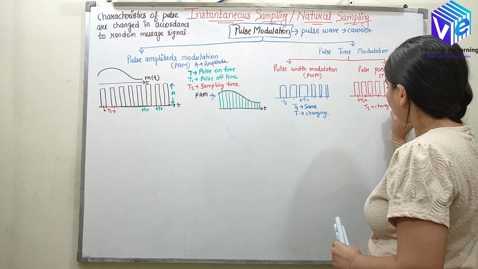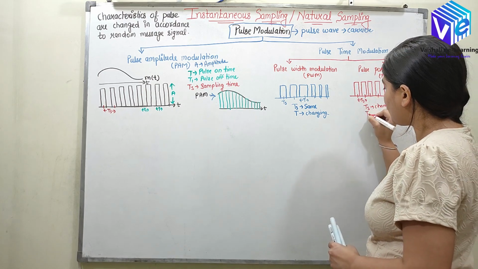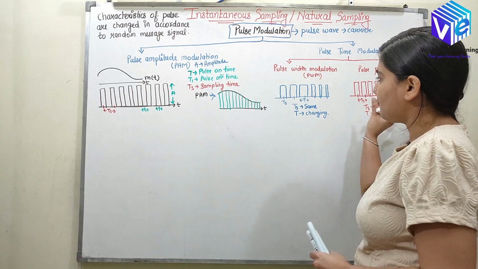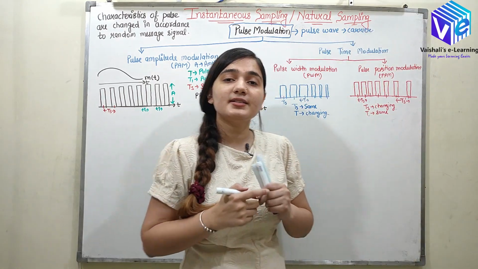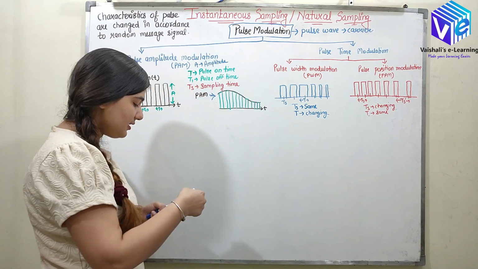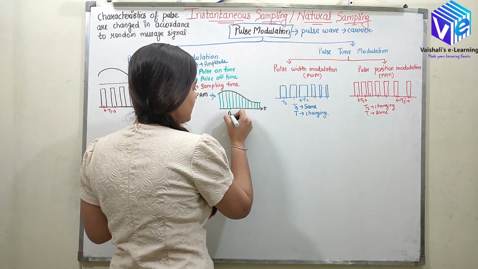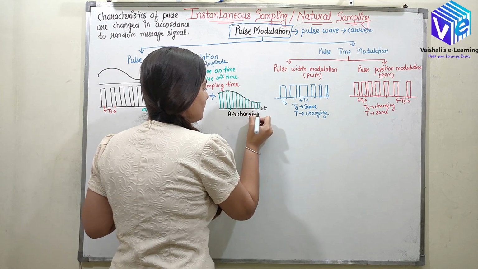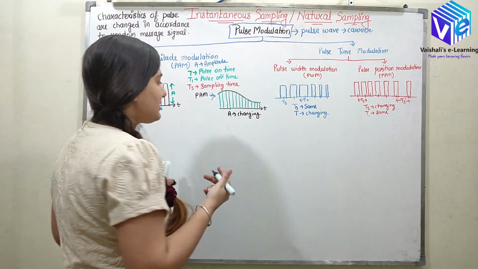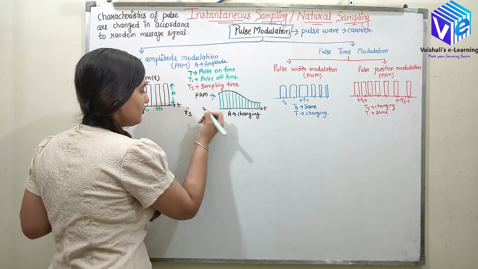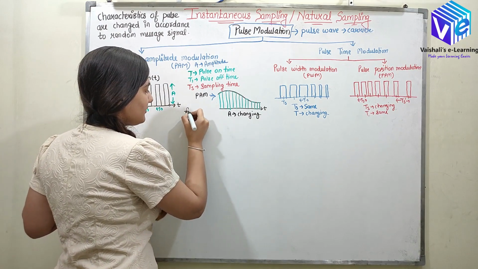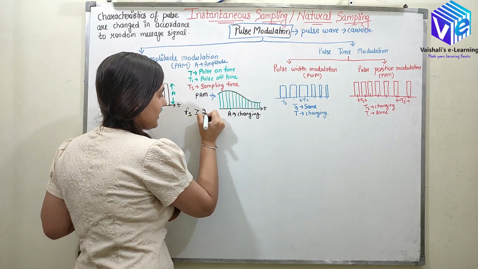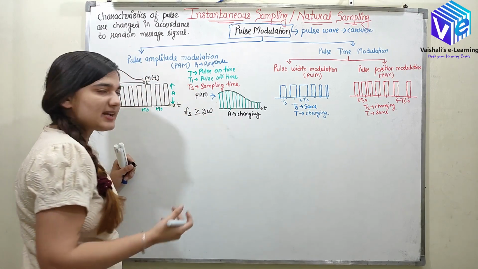Now if I talk about the pulse on time, the pulse on time will remain same. T will remain same here, and both of them have the same amplitude throughout the length. So the amplitude is also constant, but here the amplitude is changing. Now if I talk about this TS, I already know the Nyquist rate. The Nyquist rate gives the condition that Fs is greater than or equal to twice the maximum frequency.